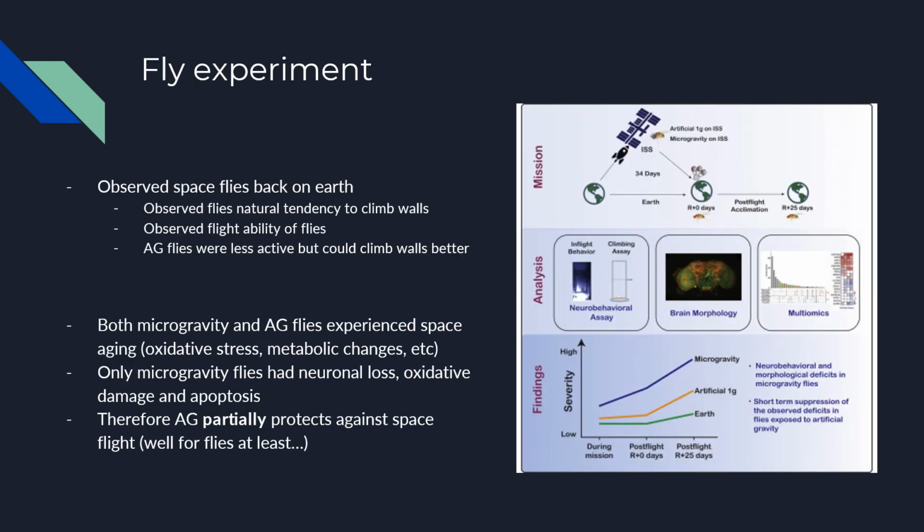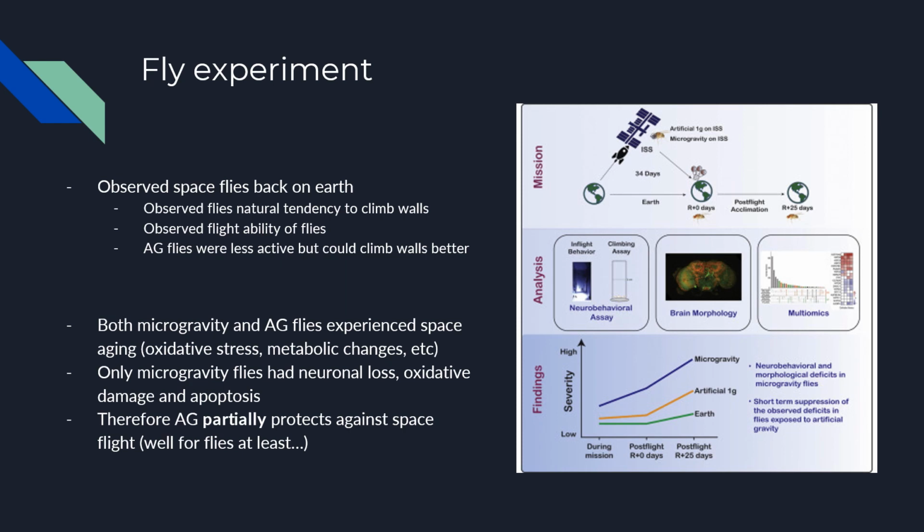Okay, after 30 days, they observed them back on Earth, and that's where NASA scientists observed them. Some of these tests they did, they just tested if the flies could climb walls and if the flies still fly. The result was the artificial gravity flies were less active than the microgravity flies, as in the flies that weren't in that centrifuge, but they were able to climb the walls faster.